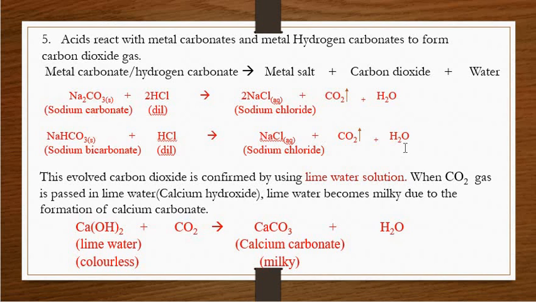And what is the confirmatory test of carbon dioxide? When we pass carbon dioxide through calcium hydroxide or lime water, which is colorless, it will turn into a milky solution due to the formation of calcium carbonate.